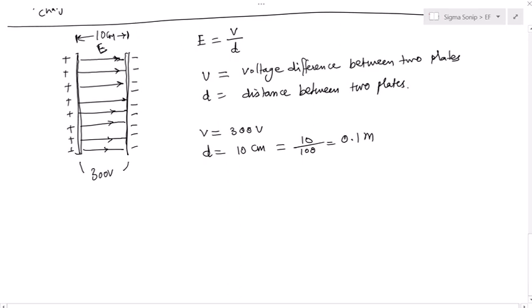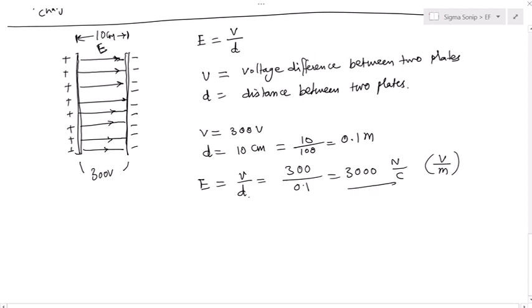So the electric field intensity between these two plates, E equals V over D, is 300 divided by 0.1, which is 3000 Newton per Coulomb, or another unit we can see from here is volt per meter, V over m.